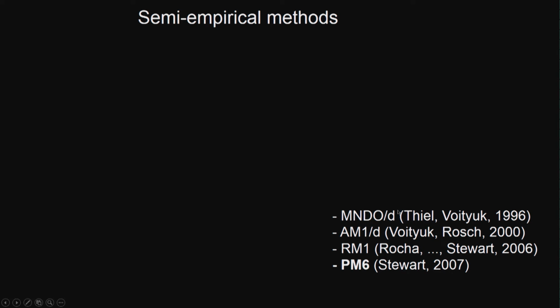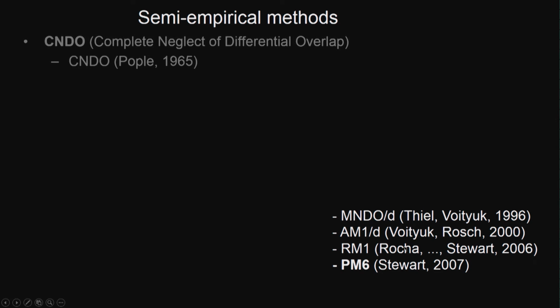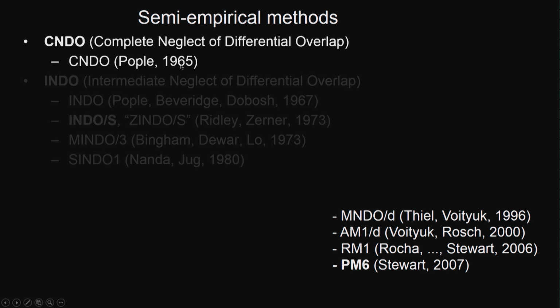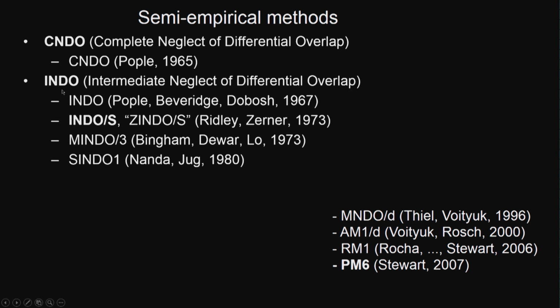As we can see, the methods were developed over a period of time, going from the 1960s to the 2000s. CNDO, complete neglect of differential overlap, the first CNDO was developed in 1965. Then came INDO, intermediate neglect of differential overlap, a slight improvement.